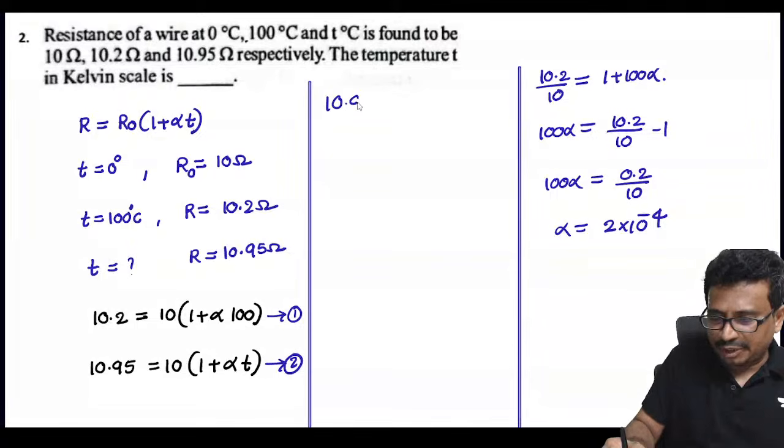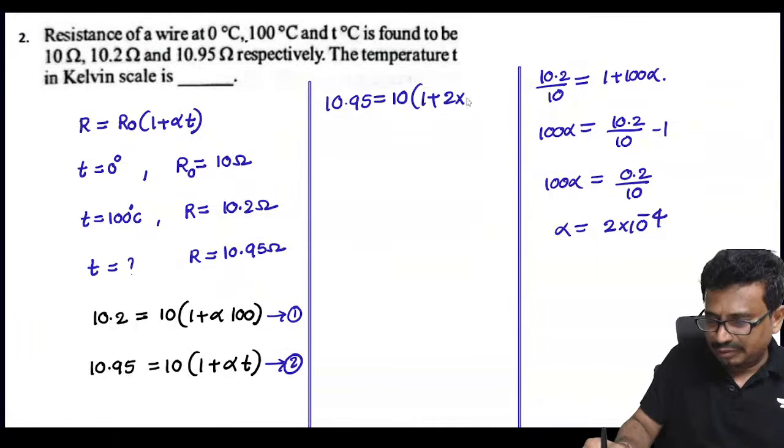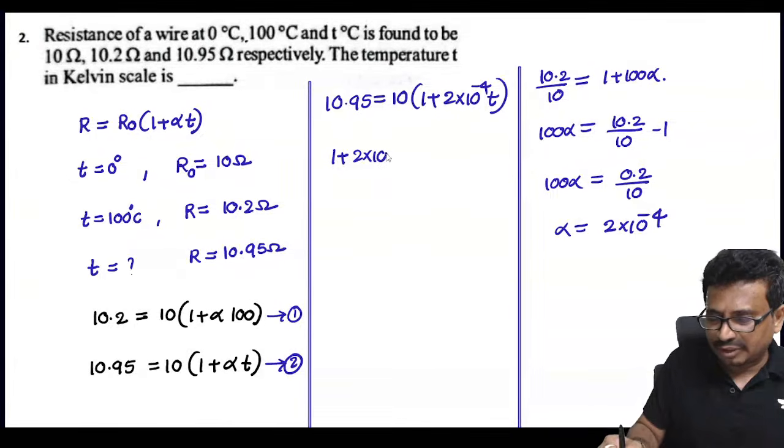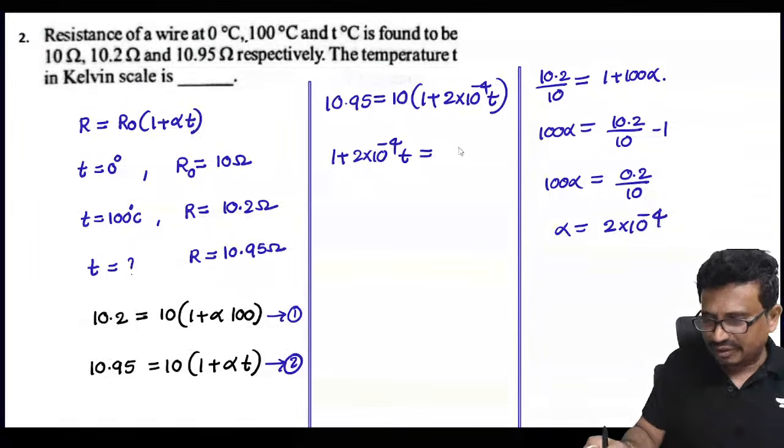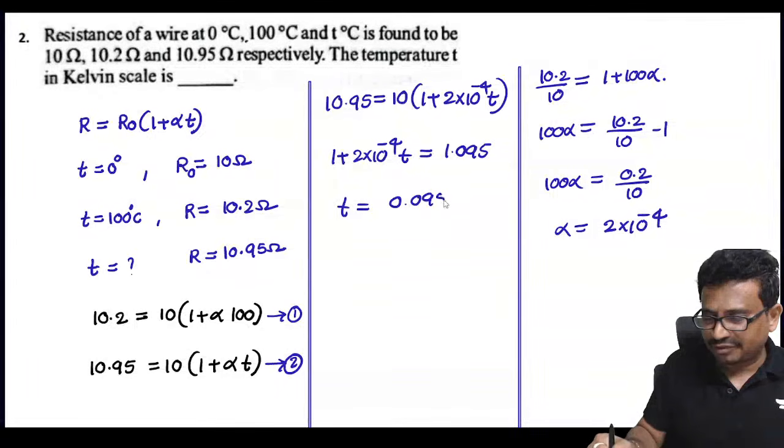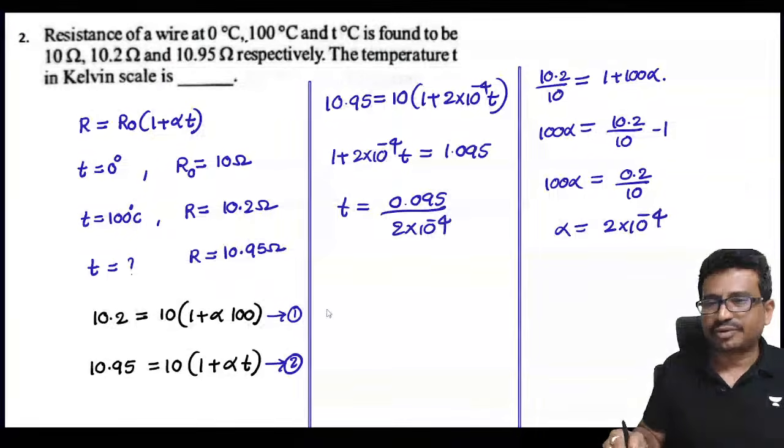10.95 equals 10 into 1 plus alpha value, 2 into 10 power minus 4, into t. So 1 plus 2 into 10 power minus 4 into t equals 1.095. That means the t value will be 0.095 by 2 into 10 power minus 4.